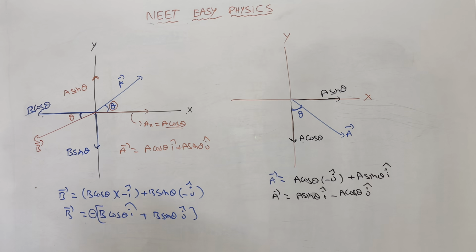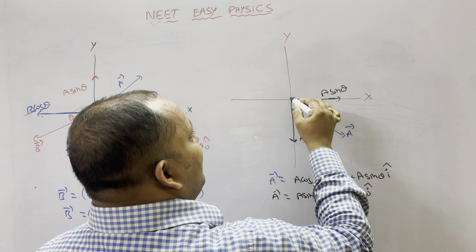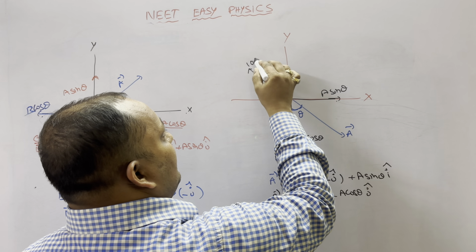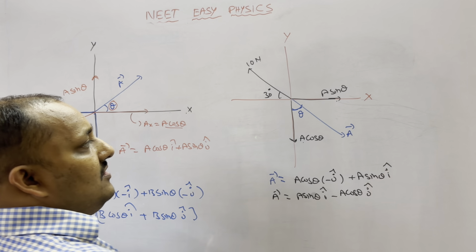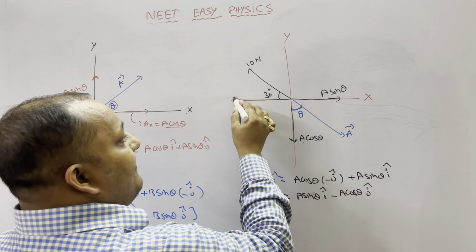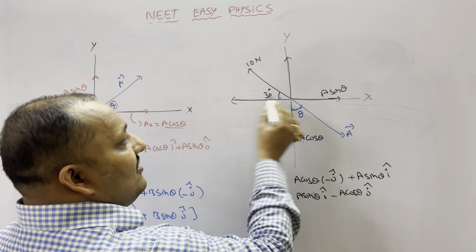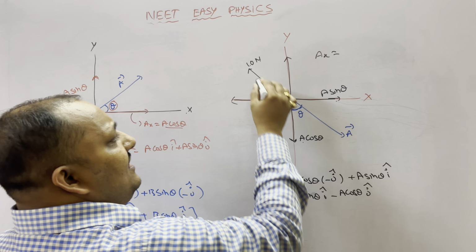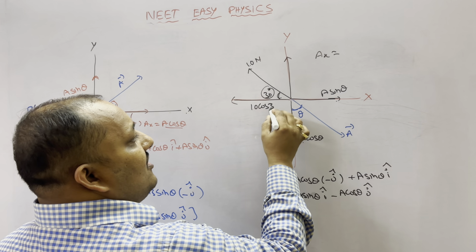So like this you can divide any vector with the value they give. Let us assume I am taking one value here: 10 newtons, and they will give 30 degrees. Now if you divide this force into components, what is the value of the horizontal component? Ax is going to be, which is basing theta, always 10 cos 30.